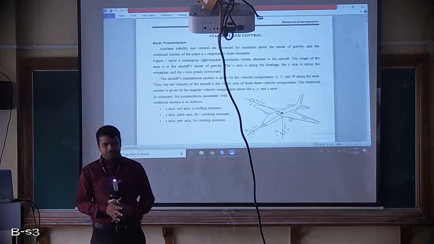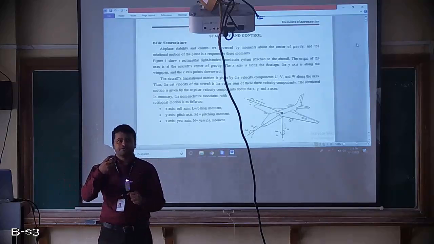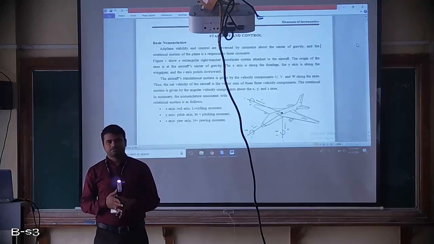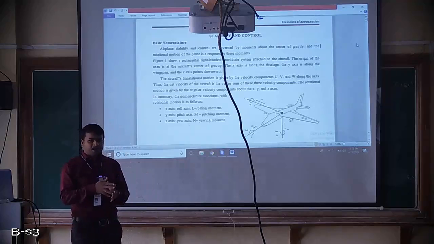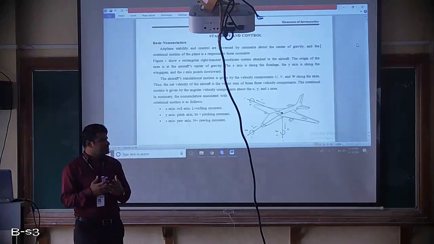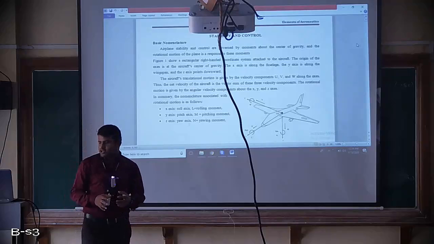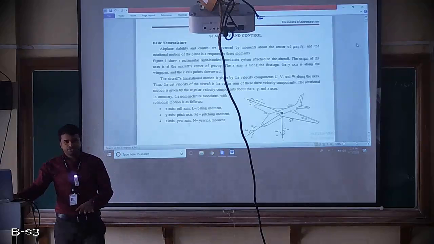For example, you are flying in air and a sudden gust of wind comes, which will make your aircraft unstable. At that time, we have to come back to its original position.